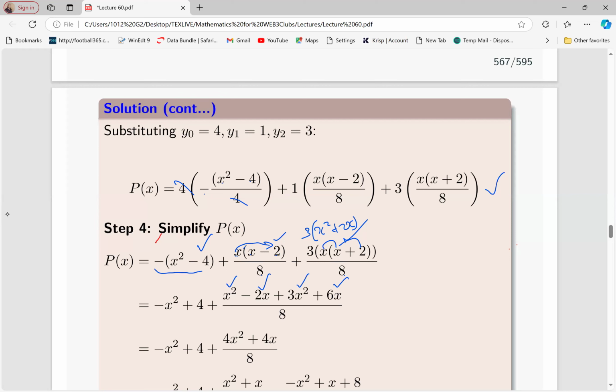Now, the x squared and the 3x squared gives us 4x squared. Then negative 2x and 6x gives us 4x.